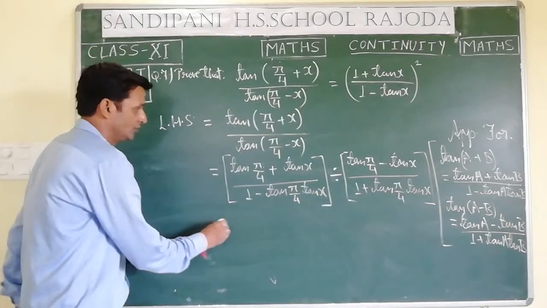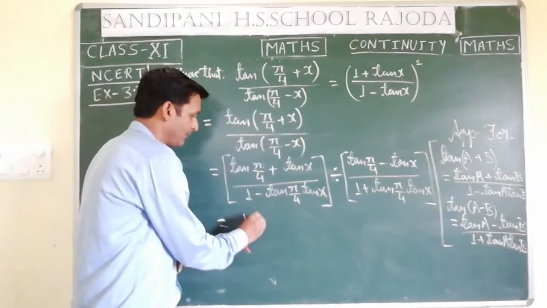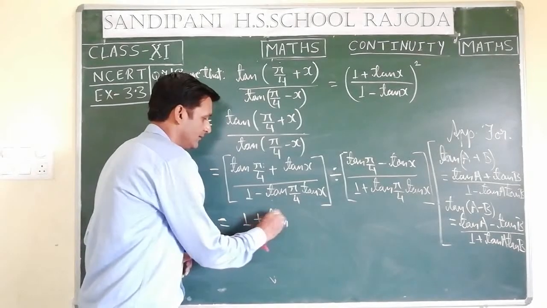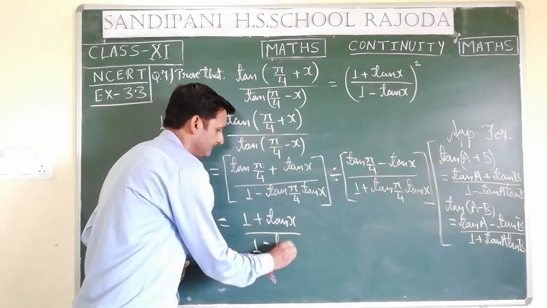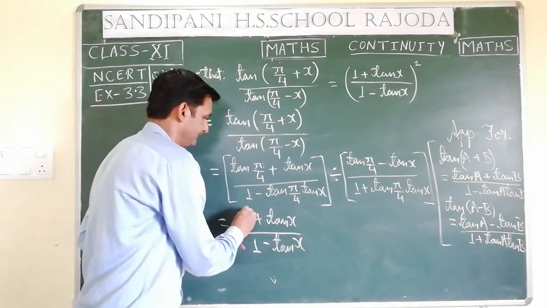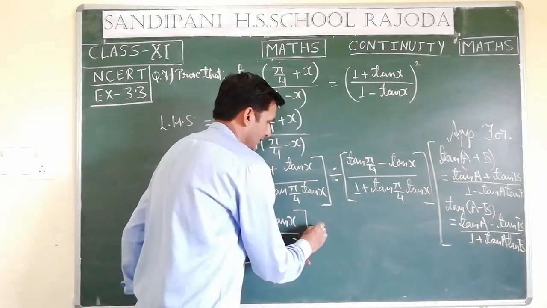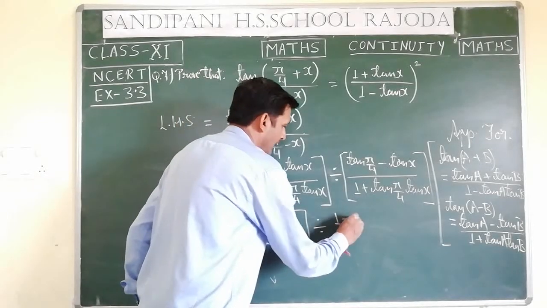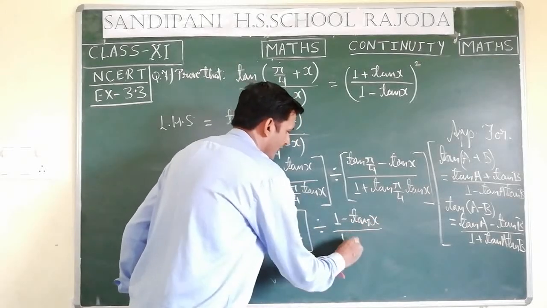Now tan pi by 4 value, tan 45 degree, is 1. So 1 plus tan x upon 1 minus tan x, divided by 1 minus tan x upon 1 plus tan x.